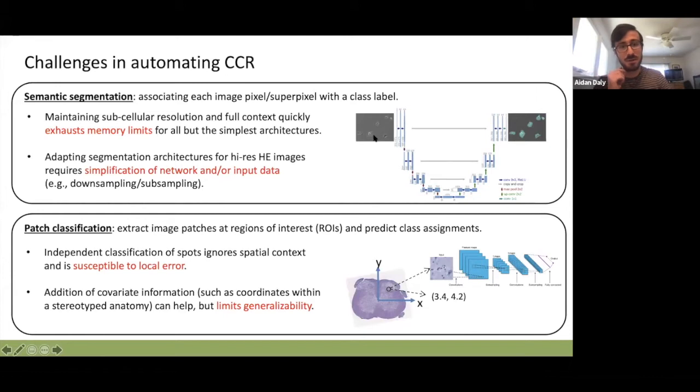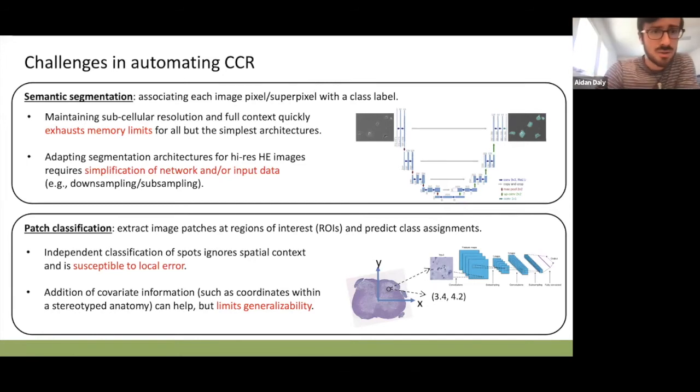The problem with this is that maintaining these subcellular resolution features requires that we maintain a pretty big amount of state in memory at once while we're training the network. So for a very high resolution image that covers a lot of space, we will run out of memory very quickly.